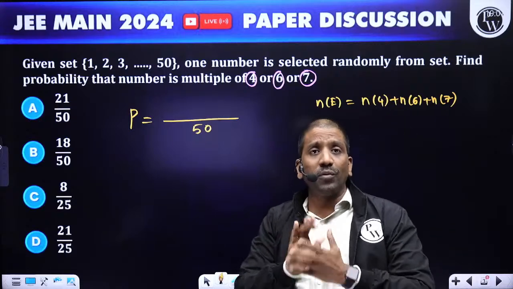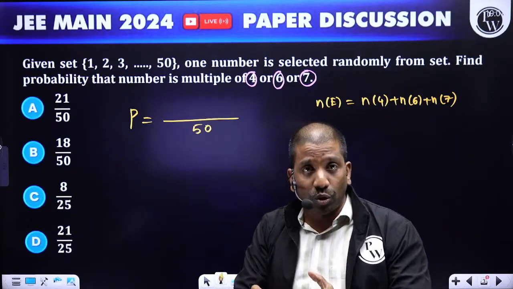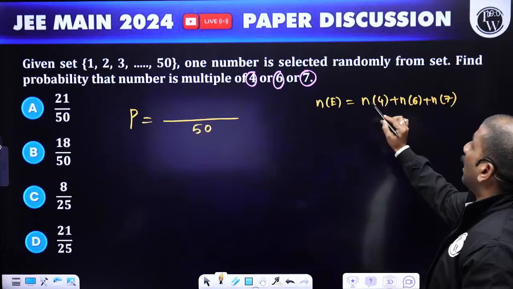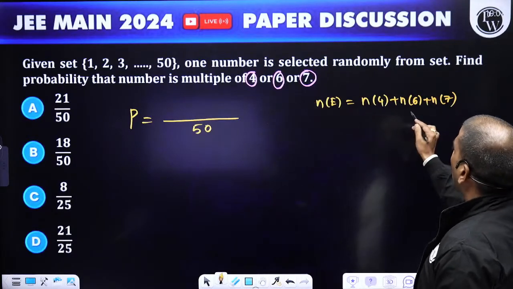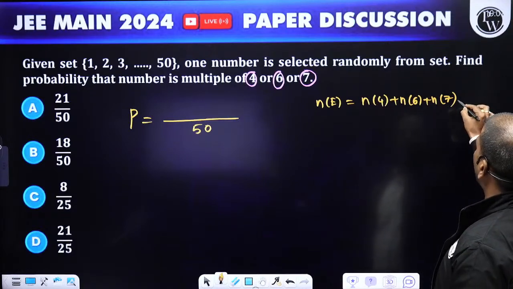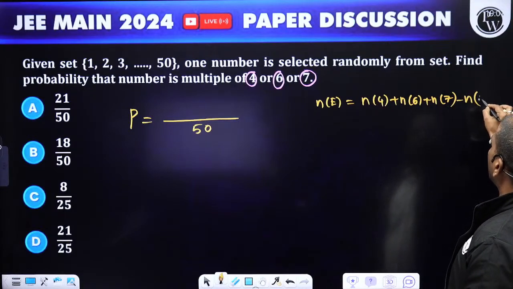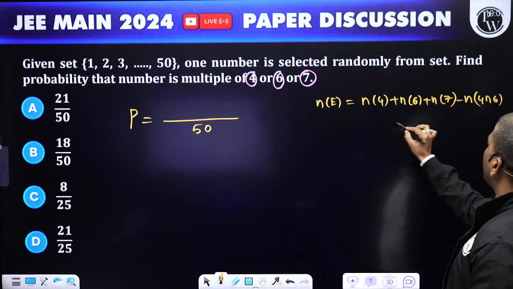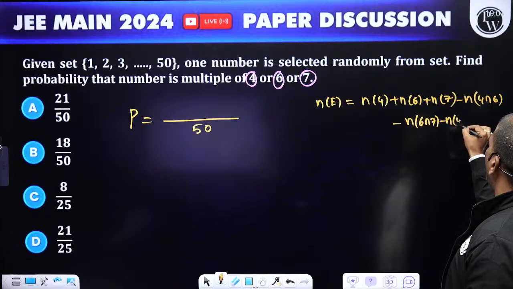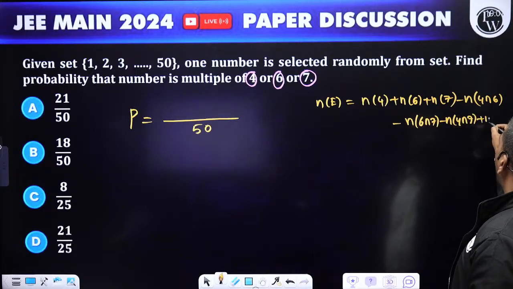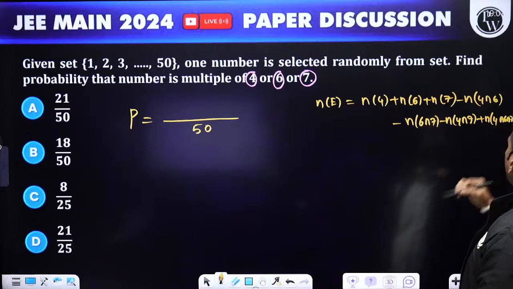So we write the number of multiples of 4, 6 and 7, minus multiples of 4 and 6, of 6 and 7, of 4 and 7, plus multiples of 4, 6 and 7 together.